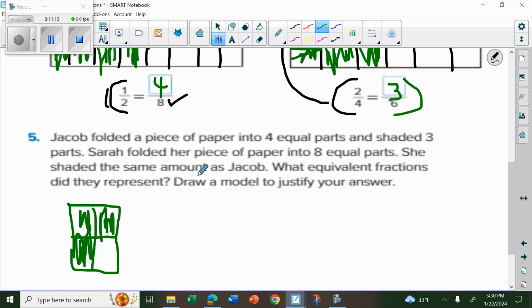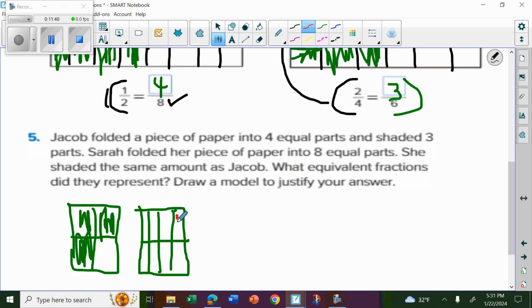Okay. Sarah folded her paper into 8 equal parts. So let's try to do the exact same. And here we go. So I'm going to change colors here.